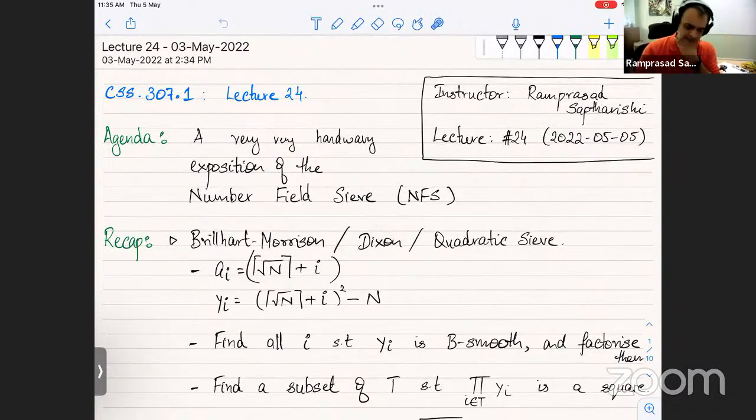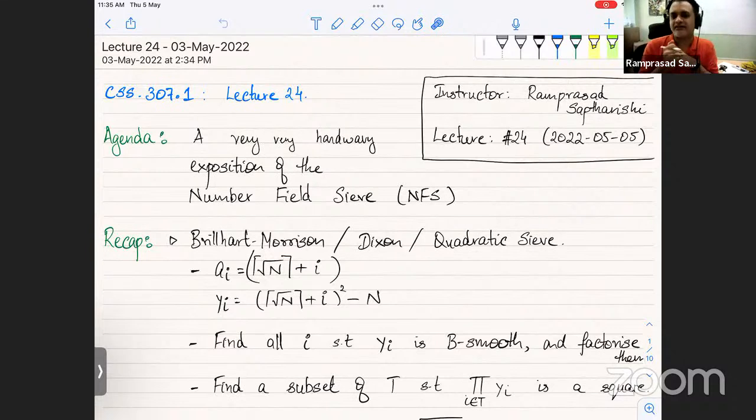The number field sieve is also something that developed over many iterations. It started off with Pollard, who felt that here is a potential heuristic to factor very special types of numbers that had a certain structure.